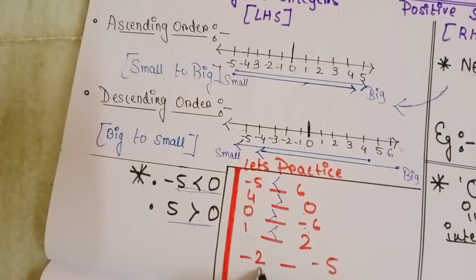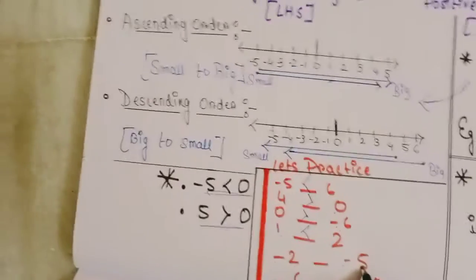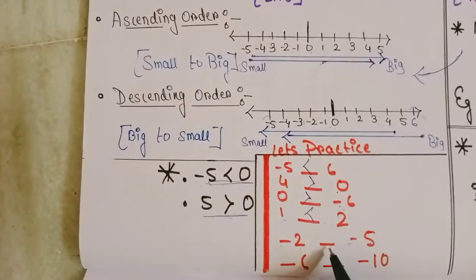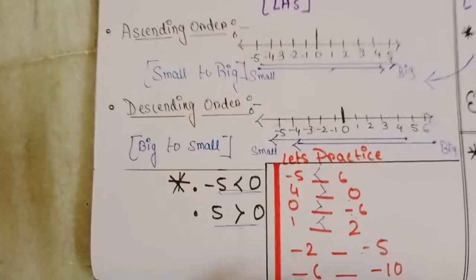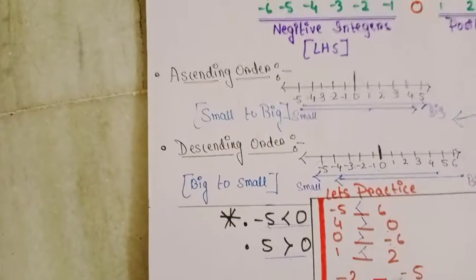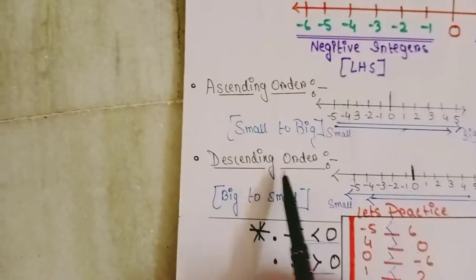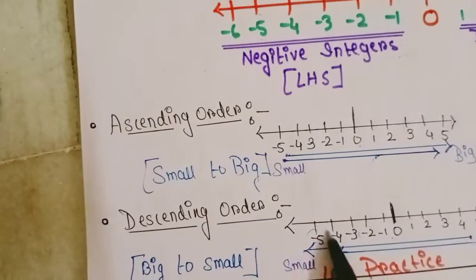Now -2 and -5. People get confused over here. They put the answer like this, but it is not correct. The answer will be this. Now let's see, I will give a brief one. -2 and -5. Let's go to the descending order. This is -5 and this is -2.